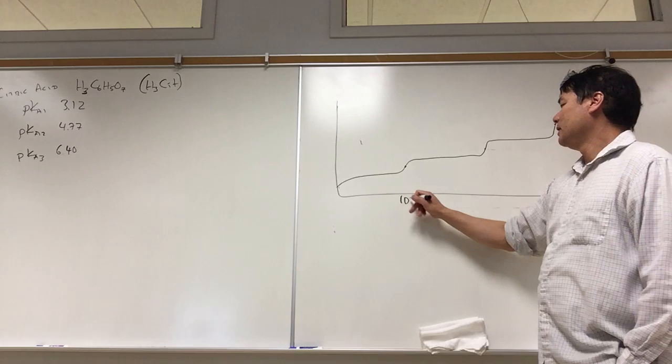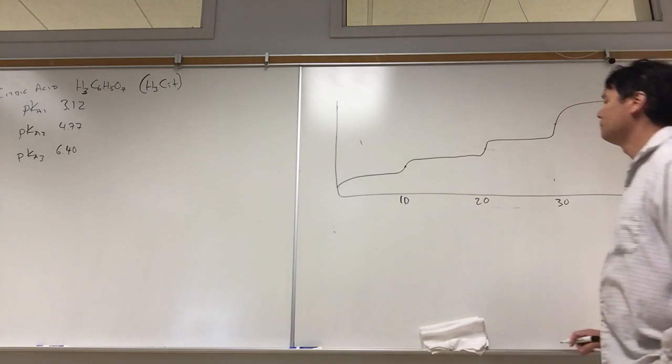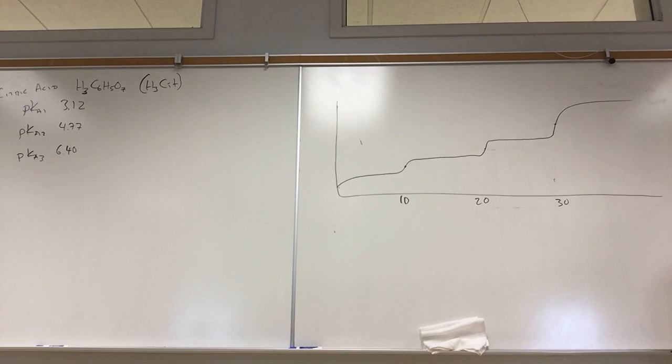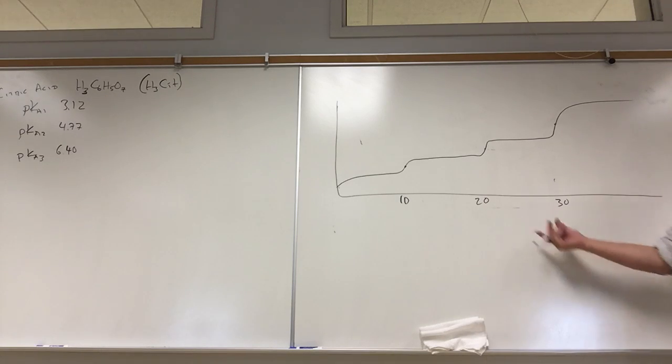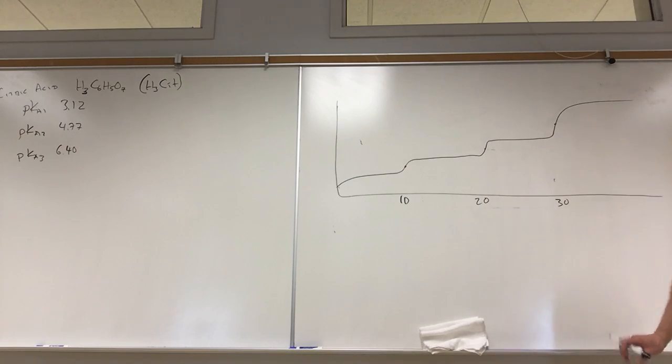That keeps the numbers quite easy. This would be 10, this would be 20, this would be 30, and each equivalent volume would be 10 milliliters. Sometimes the numbers aren't so clean, like in that last example, where the equivalent volume was a fraction, so it was more difficult to see.